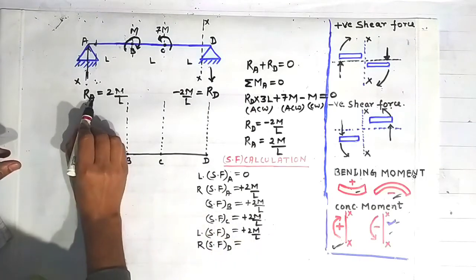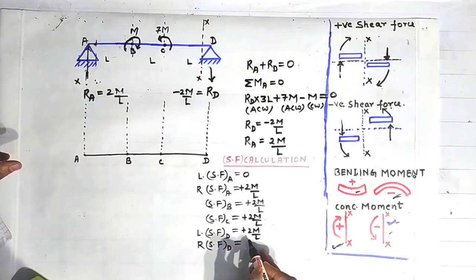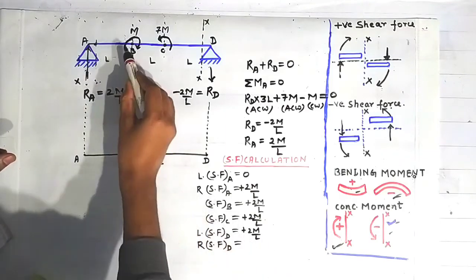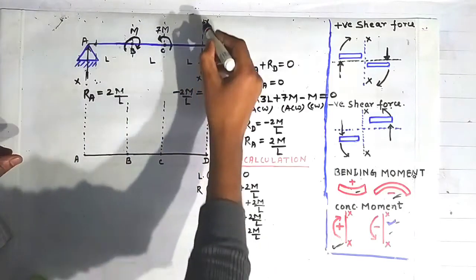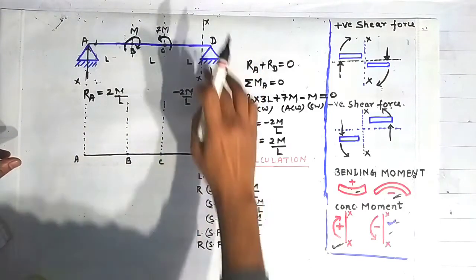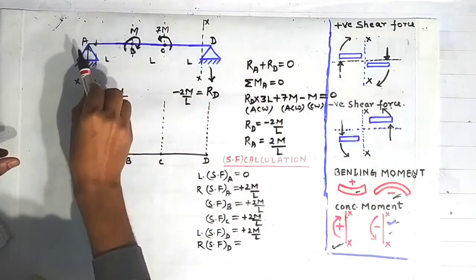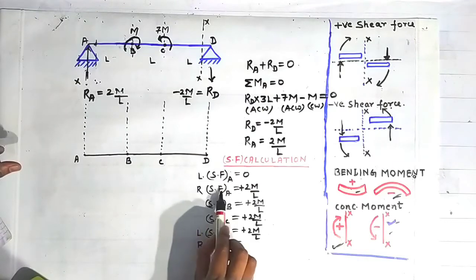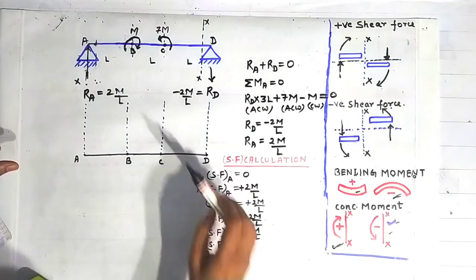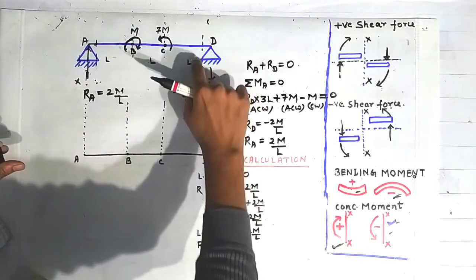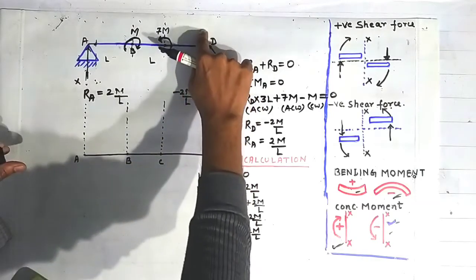The magnitude of this force RA is 2M/L, so I have written here 2M/L, and these two moments will not contribute toward any shear force about this section XX. And the positive sign is taken because of this sign convention, and I have already told you in this case how I have taken the sign convention. And for more information, you can visit my channel and the video on sign convention.